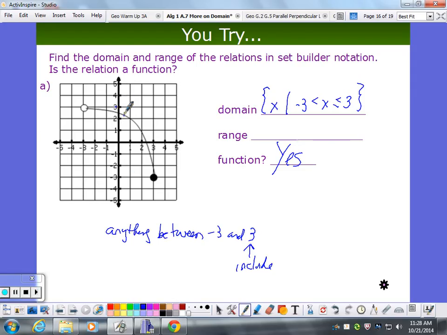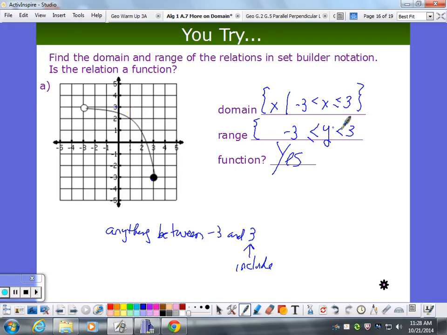Do I include them or not? A filled-in hole, we include that. A big open hole, you're going to fall in, so you don't want to include that one. So now I'm looking at the y's. y looks like it's greater than or equal to negative 3, but only less than 3 because I don't want to fall in.